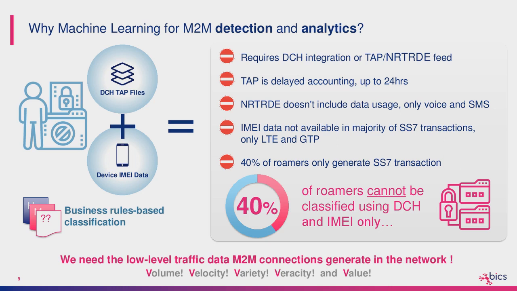The problem is that in an SS7 network, the device information is not a mandatory parameter to be passed. Because it's not mandatory, normally it's not passed anyway. So the device information is missing, there's no usage, there's no way to classify. So if you just take this type of approach, you're going to be missing roughly 40% of all the roamers, which means even if you somehow manage to classify some roamers, you're going to be missing a big chunk of the roamers that you can't actually see.